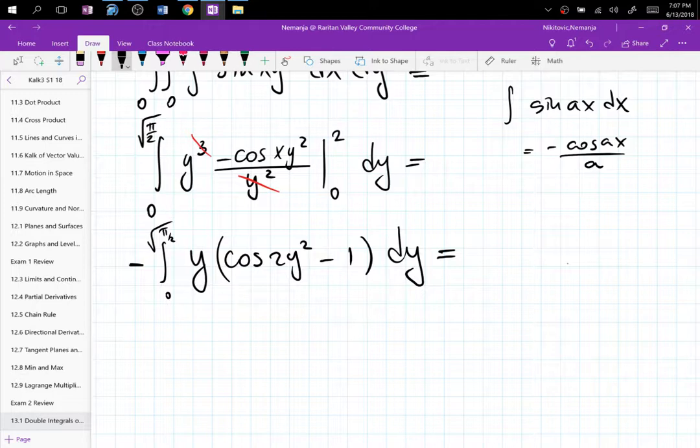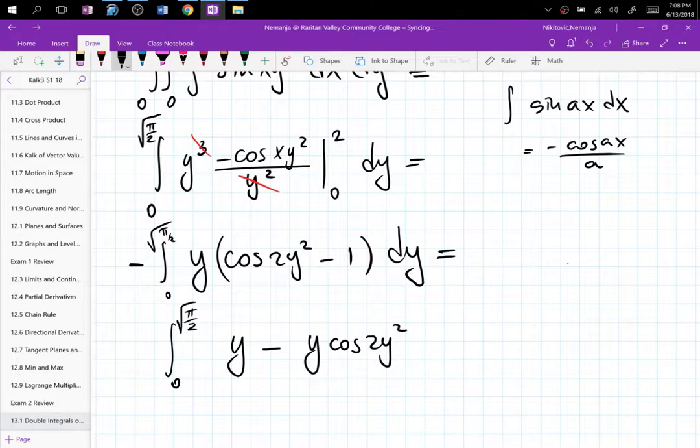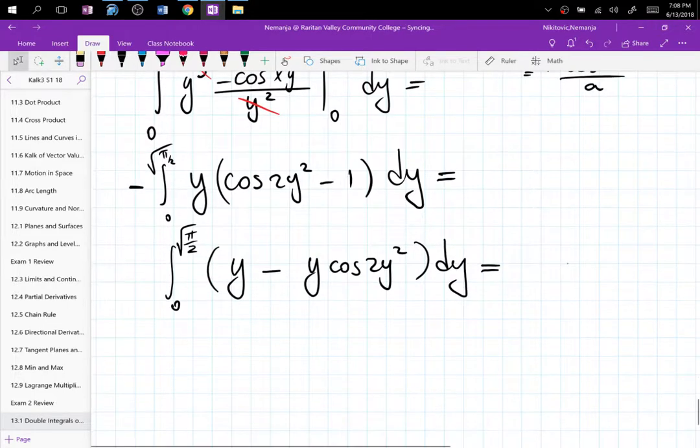So now, I'm going to take this negative and bring it back inside and swap the order inside the integral, because I can. I don't want to drag extra stuff. So this becomes y minus y cosine 2y squared dy. The first integral is a joke.